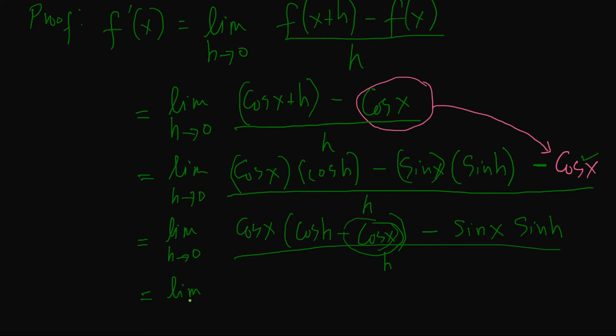So we are not yet ready to drop the limit sign, so still we have the limit as h goes to 0 of this one. I could factor out cosine of x outside, and I will be retained with cosine of h minus 1, and then I will separate them over h minus sine of x times sine of h over h.